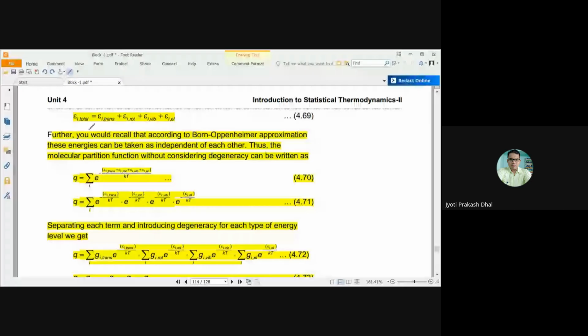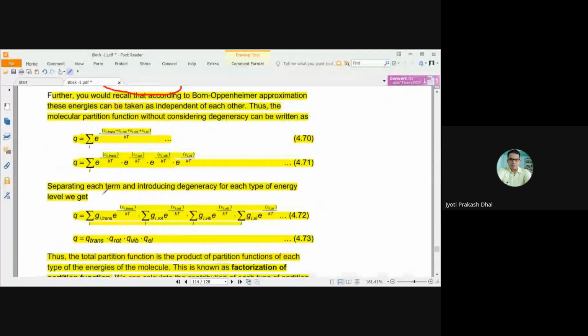In place of epsilon i, we are writing the summation of all these values.